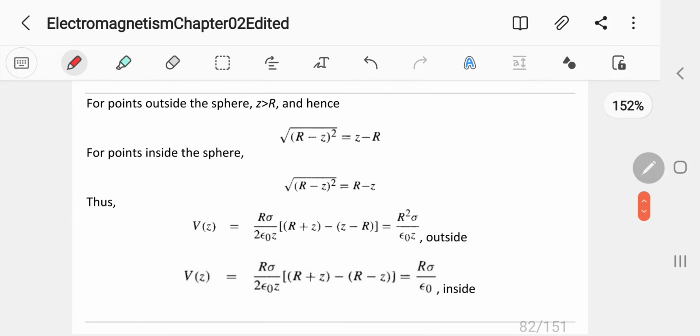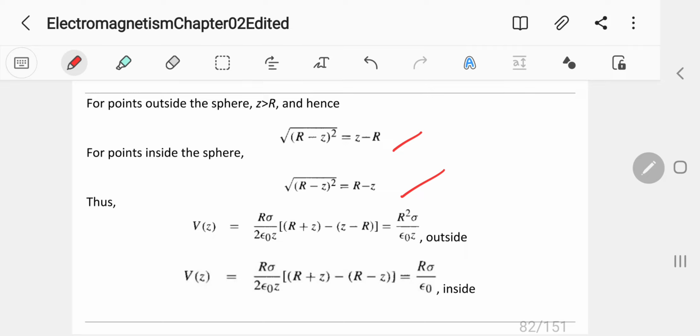So for points outside the sphere, where z is greater than R, you will have R minus z squared, the square root of which would be z minus R. And for points inside the sphere, where R is greater than z, this would be the square root.